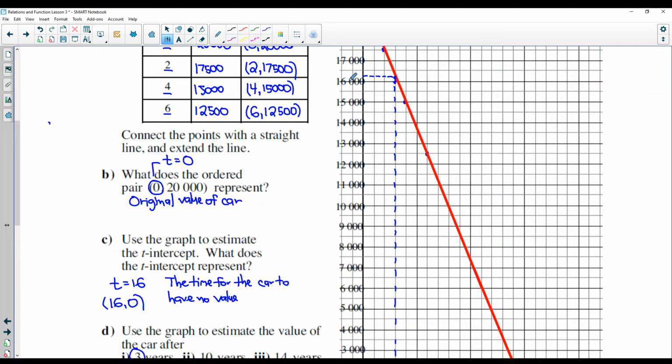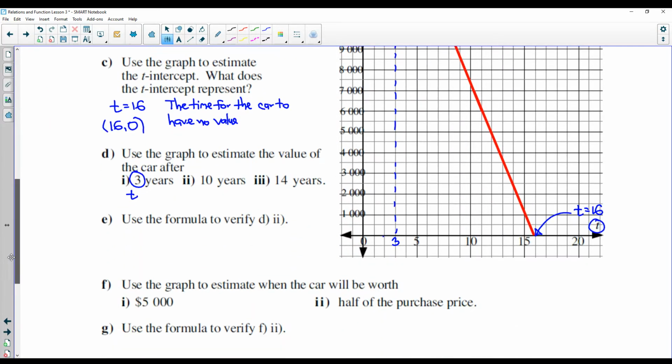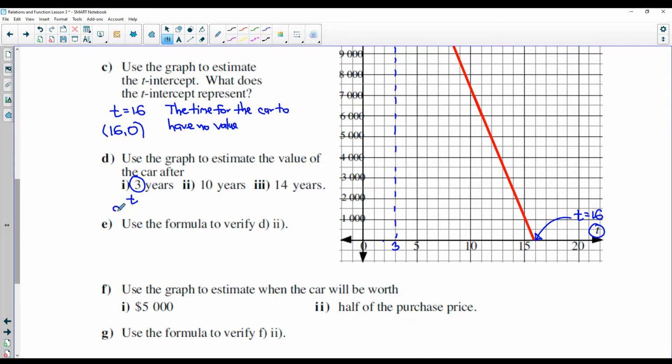Halfway between 16,000 and 17,000 would be 16,500, but we're halfway between 16,500 and 16,000, so the value of the car would be 16,250. After 10 years, same thing. Let's go up. Thankfully we don't have to go as far up here. So at 10, we just go up to the graph.